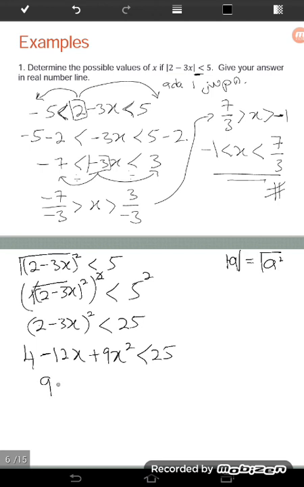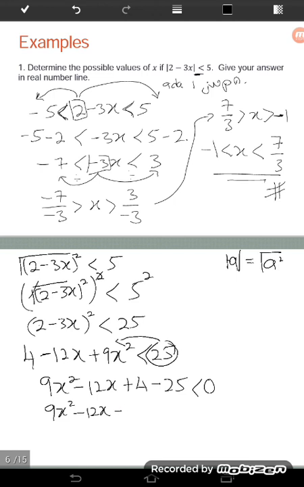So you will have 9x square minus 12x plus 4. 25 bring to the left, so you will have minus 25, which is less than 0. So you will have 9x square minus 12x minus 21 less than 0.